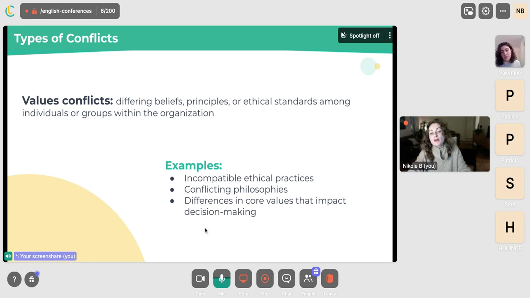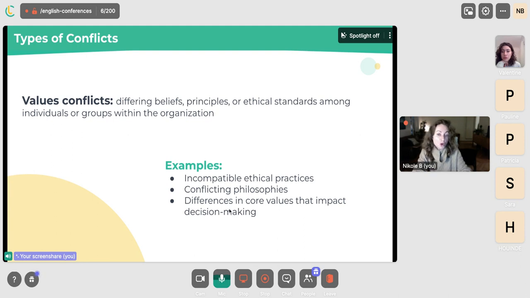So if you have a conflicting philosophy, for example, my philosophy is that I work until I get it done, versus somebody that says I work until 5 o'clock and then I'm finished, you're going to have a conflict there, right? Or people who generally believe you should work on the weekends, and others who believe, no, my principles are that my weekends are for my family. That's a values conflict, okay?